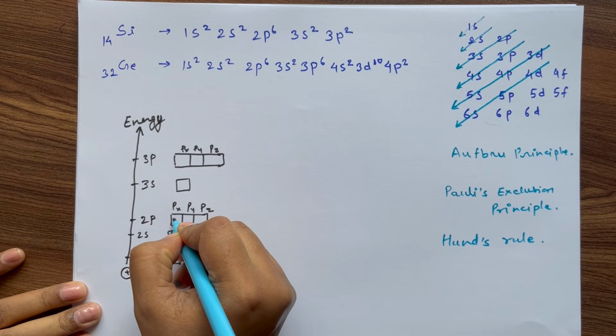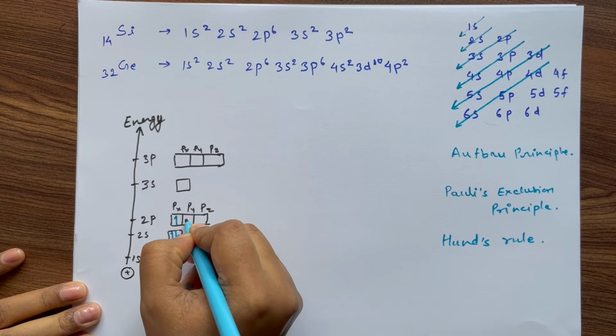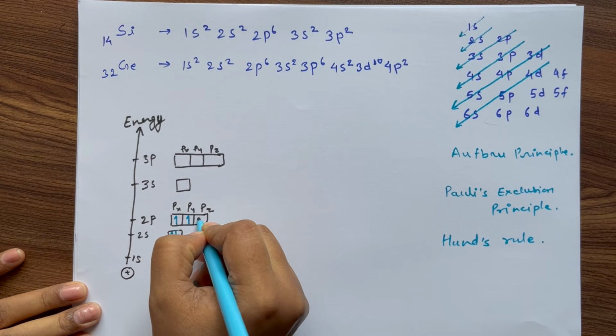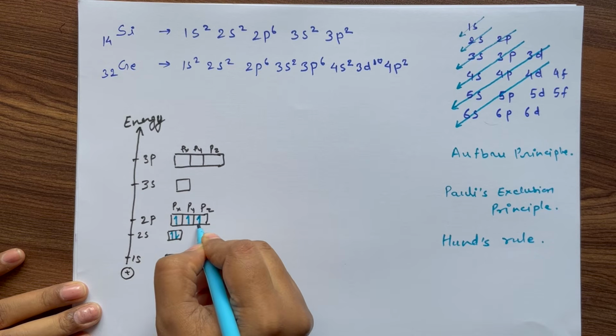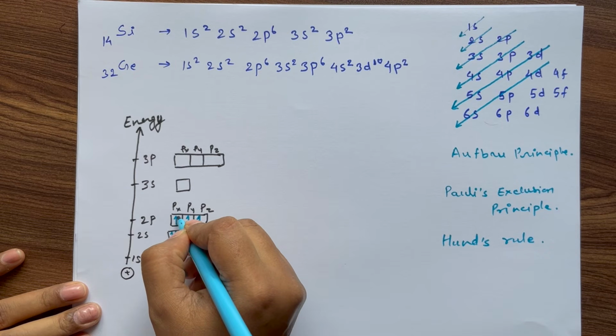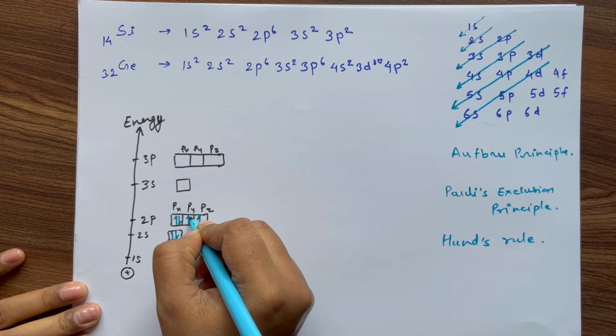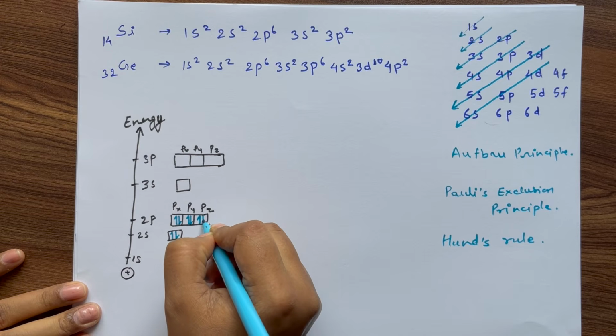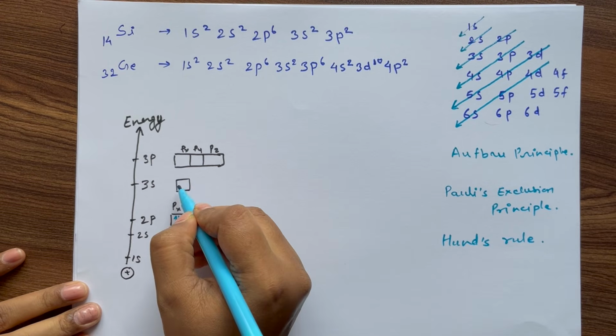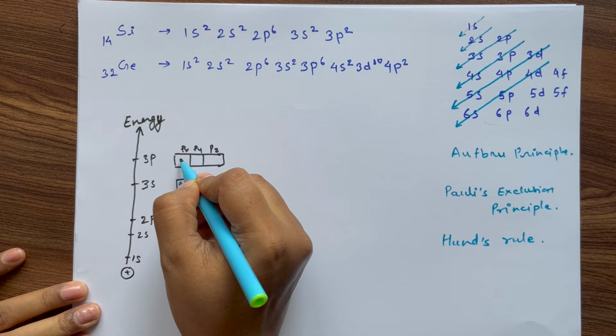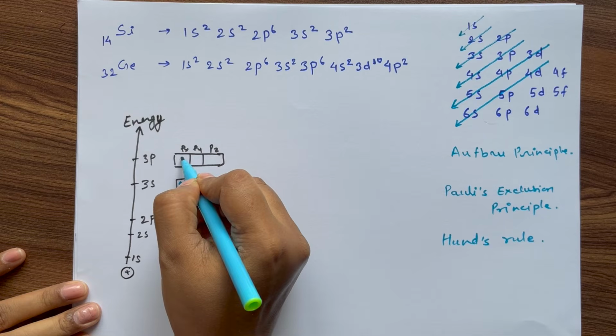So it will be first singly occupied, and all these electrons will have same spin. Then the opposite spin electron will occupy. In same way, we will have 2 electrons here and 2 electrons here, 3p2.